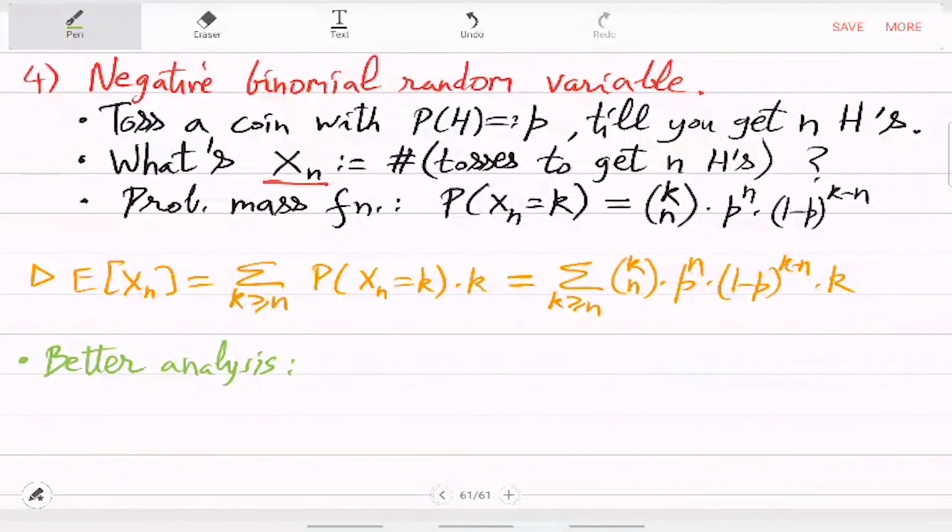So, you can write... see, you want n heads, right. So, what is the expectation to get the first head? So, expectation for the first head is expectation of x1.